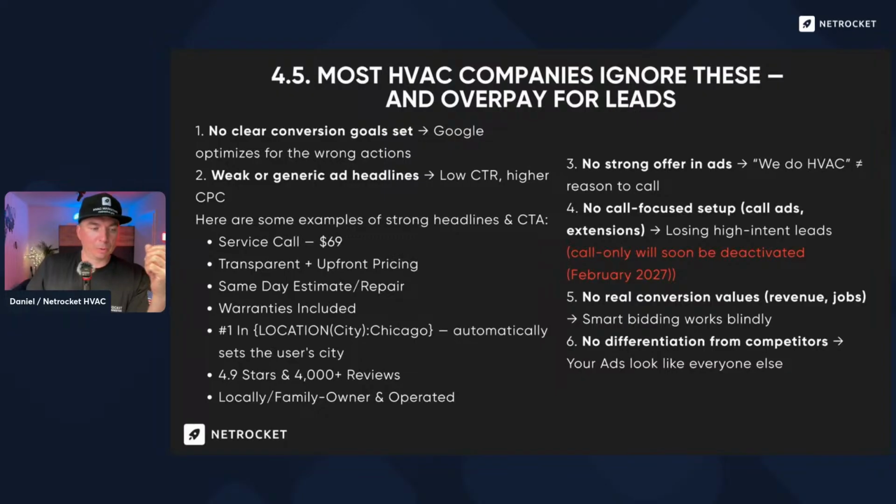This may also be attractive for a person who is searching. You can use information like 4.9 stars and 4,000 reviews, or locally or family-owned and operated business, something which you think will be relevant to your audience, and they will react to that, and this will attract better CTR and more clicks.